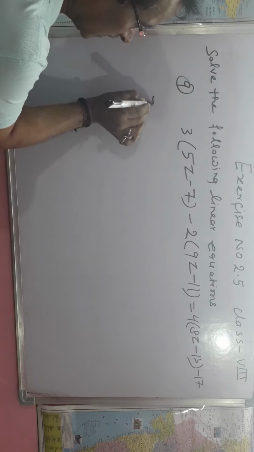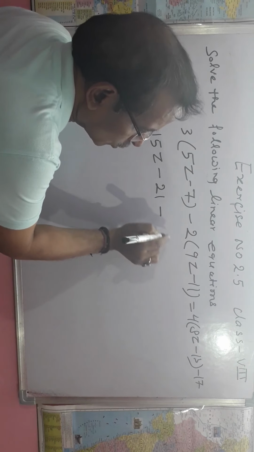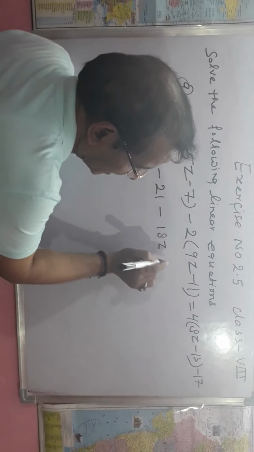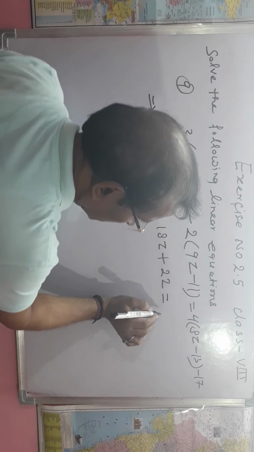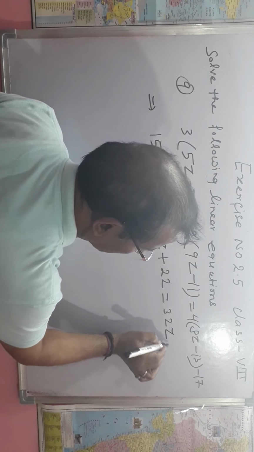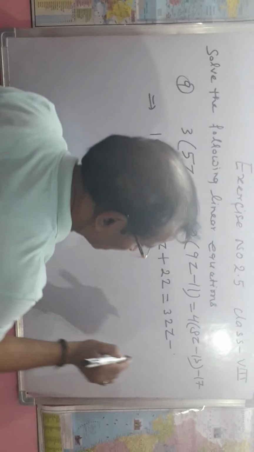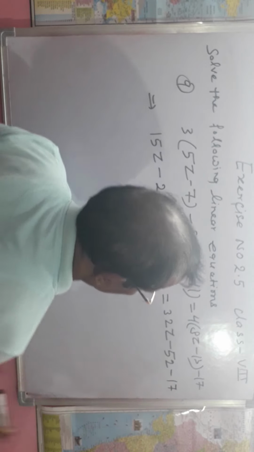Now we multiply. 3 fives are 15z, minus 3 sevens are 21, minus 2 nines are 18z, minus multiplied by minus we get plus, 11 twos are 22, is equal to 4 eights are 32z, minus 13 fours are 52, minus 17.